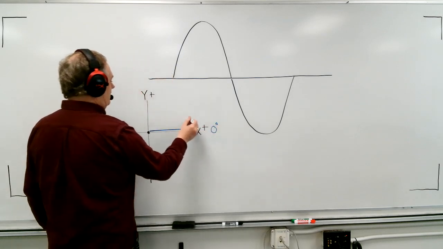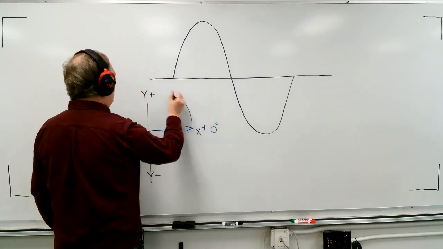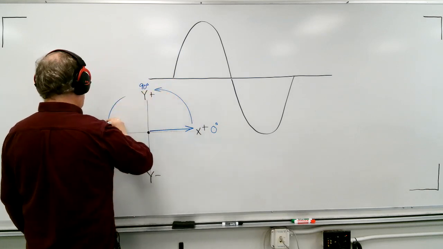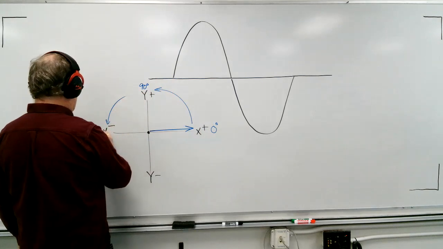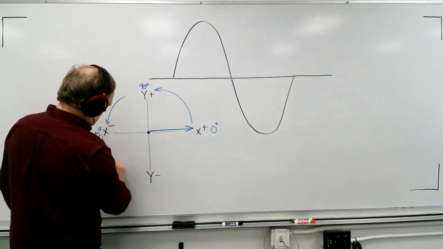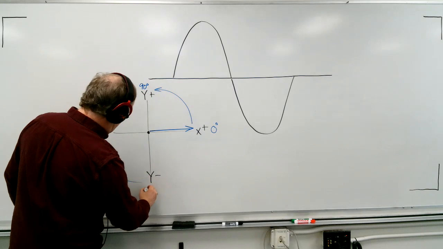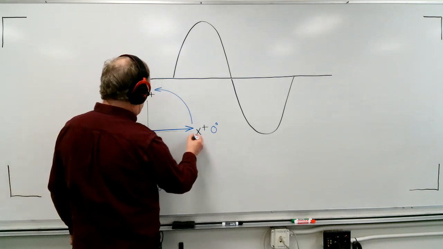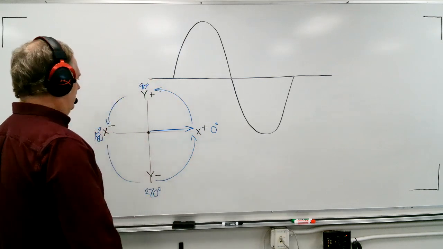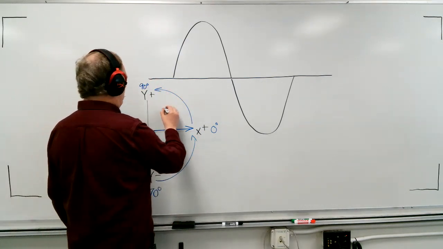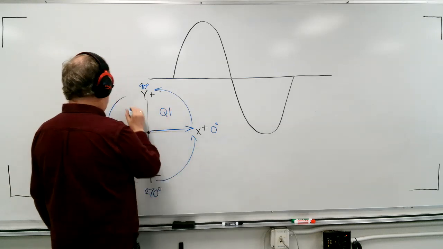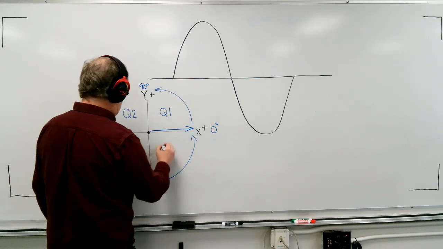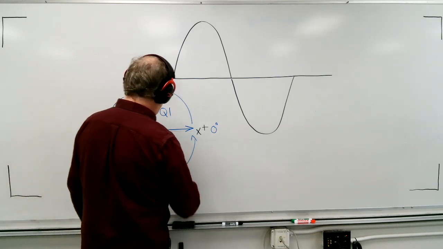Then the vectors are considered to turn in this direction, and this is 90 degrees. Then that moves down here to 180 degrees, then to the full negative y, 270 degrees, and then back up to 0, or 360 degrees. Many of you are going to recall we called this quadrant 1, this quadrant 2, this quadrant 3, and this quadrant 4.